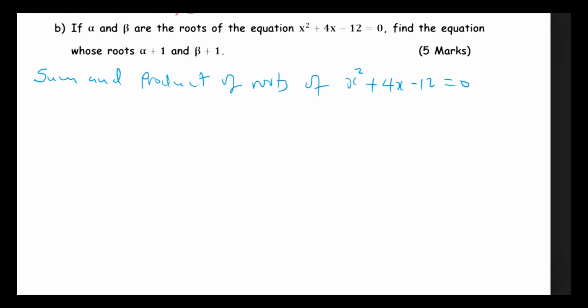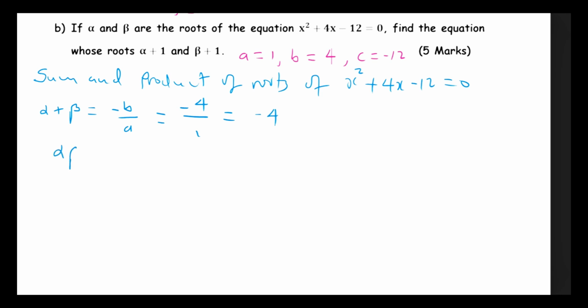The sum will be alpha plus beta, and to obtain that, we use the formula minus b over a. From this equation, a is equal to 1, b is equal to 4, and c is equal to minus 12. So we have minus b, and b is 4, so that is minus 4 over a, which is 1. So the sum of roots for this equation is minus 4.